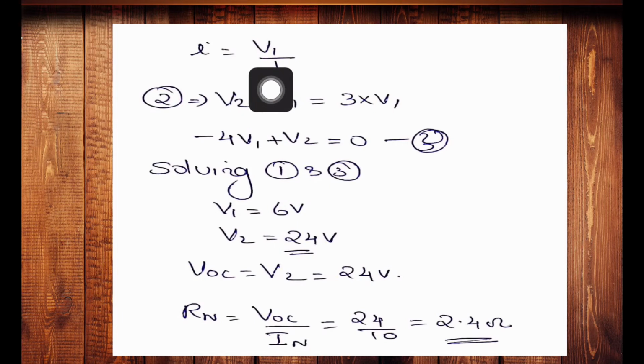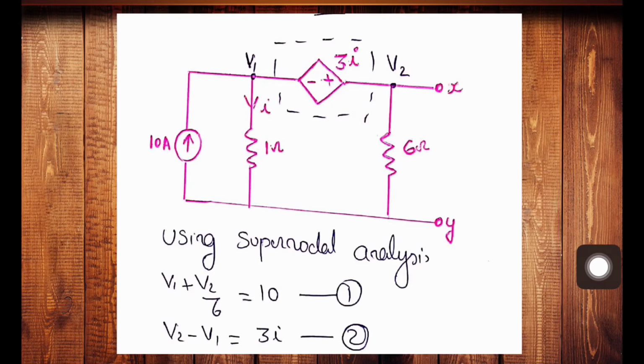By substituting the value of I in equation number 2, we get V2 minus V1 is equal to 3V1, or minus 4V1 plus V2 is equal to 0, labeled as equation number 3. Then by solving equation numbers 1 and 3, we get V1 is equal to 6 volt and V2 is equal to 24 volt. Alright.